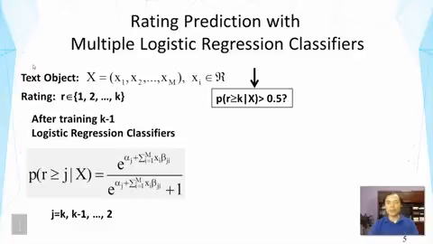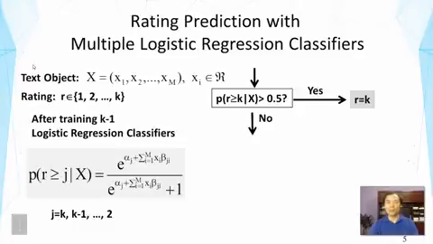This classifier will tell us whether this object should have a rating of k or above. And if its probability according to this logistic regression classifier is larger than 0.5, we're going to say yes, the rating is k. Now, what if it's not as large as 0.5? Well, that means the rating is below k, right?